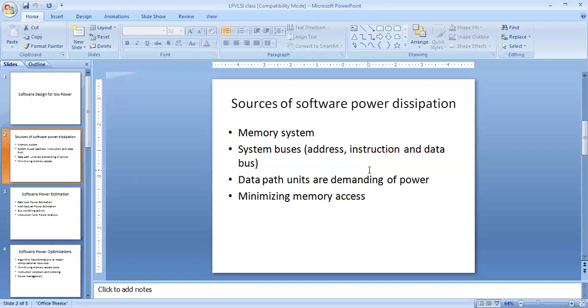Memory access patterns of a program can greatly affect the cache performance of the system. Unfavorable access patterns will lead to cache misses and a lot of costly memory accesses. So you have to minimize the memory access as much as possible. These are the sources of software power dissipation.